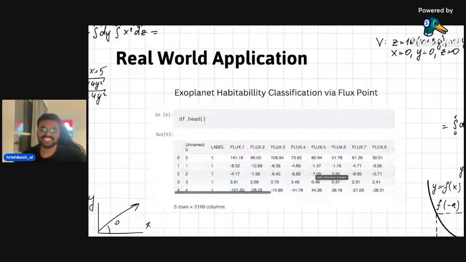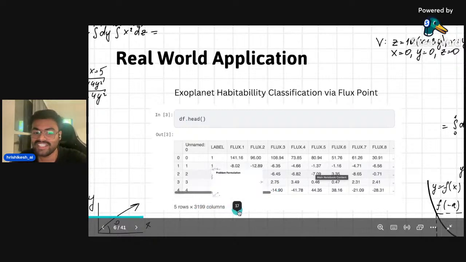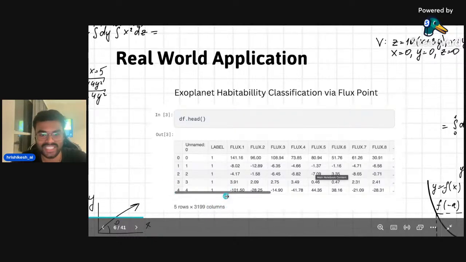Let's directly jump to the real world applications. Here you can see the dataset: in df.head you can see 5 rows and 3199 columns. Now you might think, so many columns, how to deal with this?